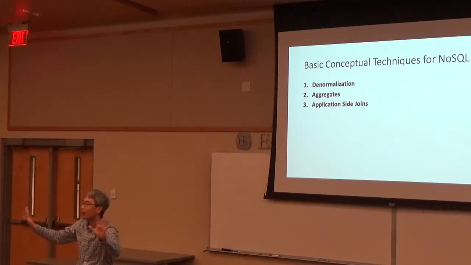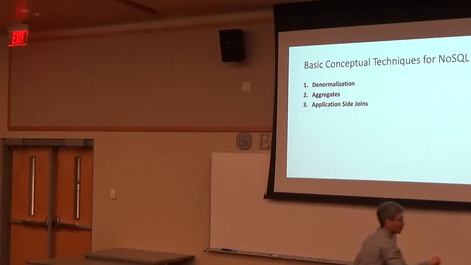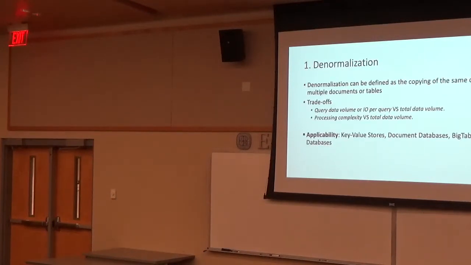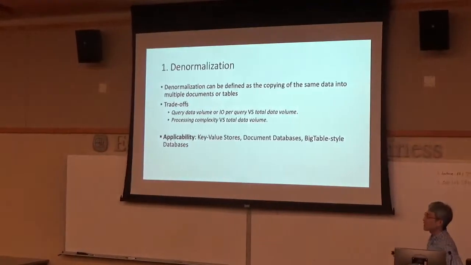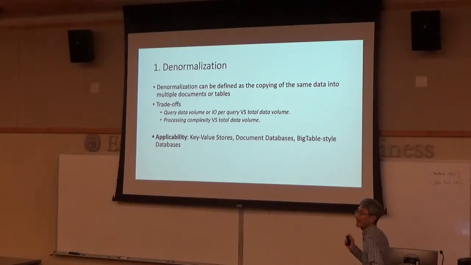It's messed up, but it will be easy to match. So that is the idea of denormalization. Denormalization is one of the approaches to make the data model. What we are going to discuss today is focusing on key-value, document database, or big table.